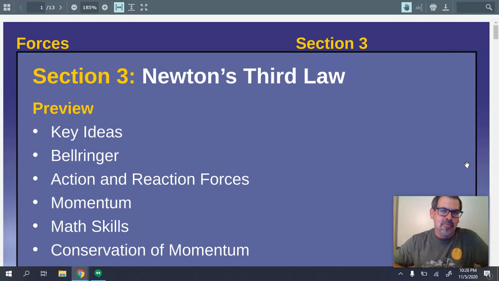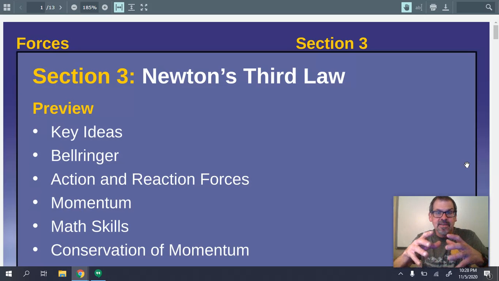Newton's first law of motion is an object's state of motion will remain the same unless acted upon by a net force. Another way of stating that is to say an object at rest tends to remain at rest. An object in motion tends to remain in motion unless acted upon by another force.